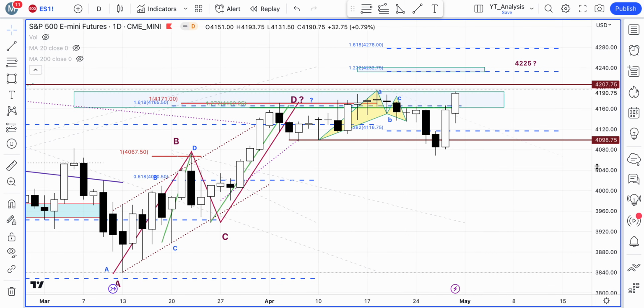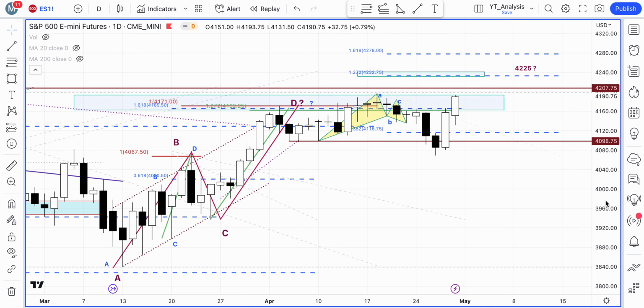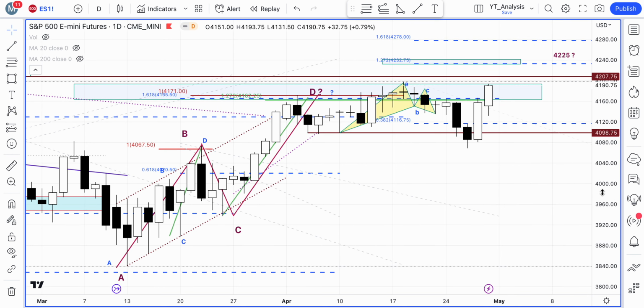Then the FOMC meeting starts on Tuesday, and the rate decision comes out on Wednesday, and on Friday we have the big non-farm payroll. So next week is loaded with economic data, and we should expect quite a lot of volatility in the market.